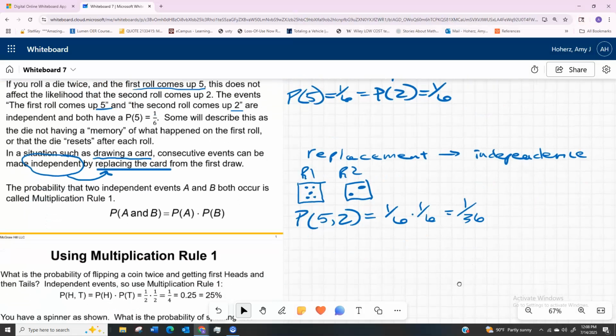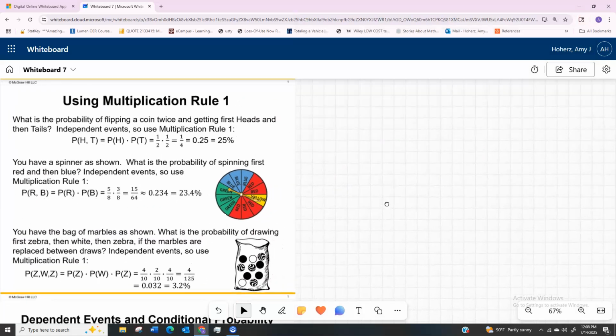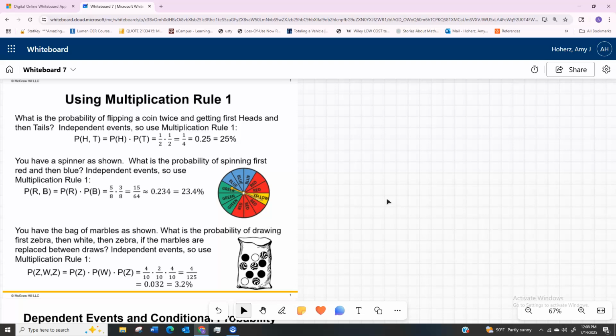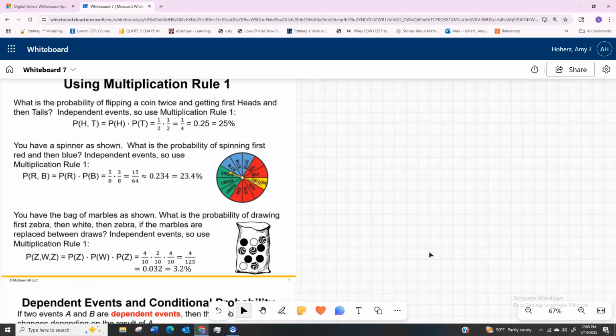Okay, so let's look at this multiplication rule with a couple more examples. What is the probability of flipping a coin twice and first getting heads and then tails? Okay, so we want to know the probability of heads then tails.